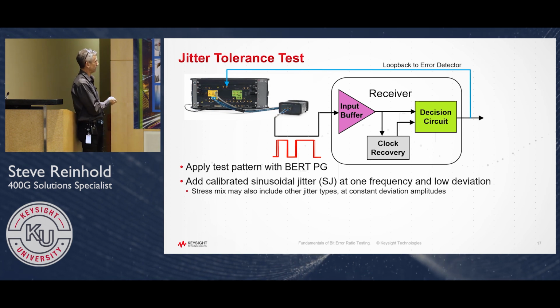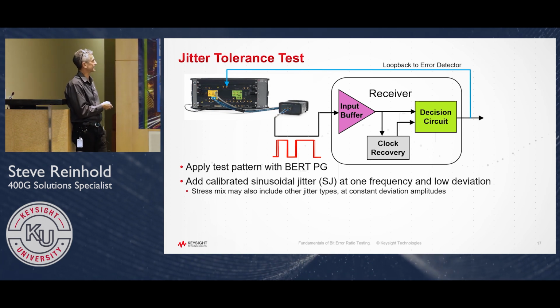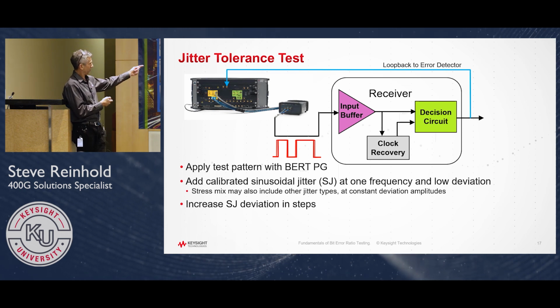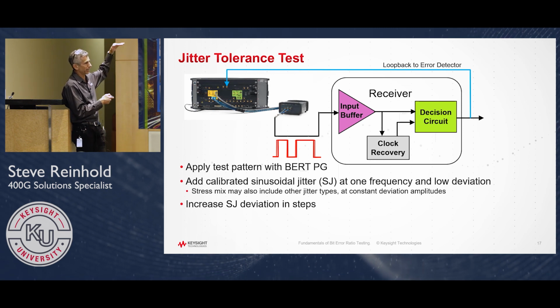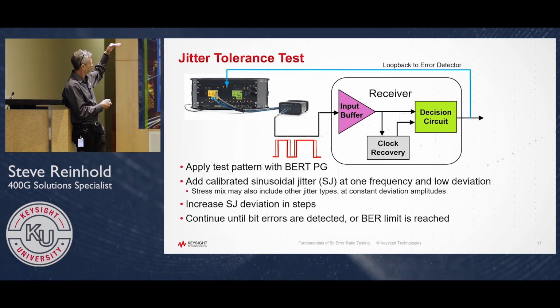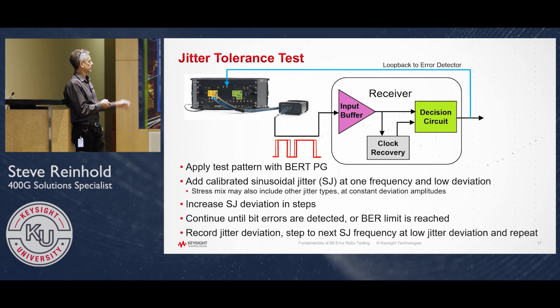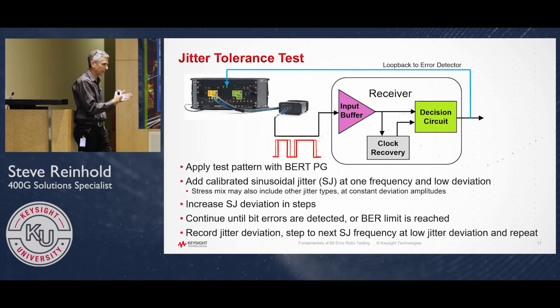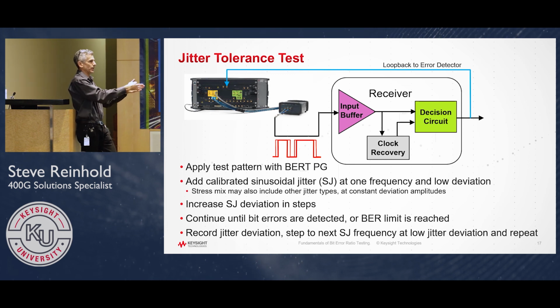You change the amplitude and the frequency of the sinusoidal jitter, so that at that one frequency of SJ, you increase the deviation amplitude in steps, and you continue until bit errors are detected. Then you record the jitter amplitude where you got the bit errors, and you step to the next frequency. Usually you start low on the SJ frequency, and then you go to the next higher frequency and step and repeat.